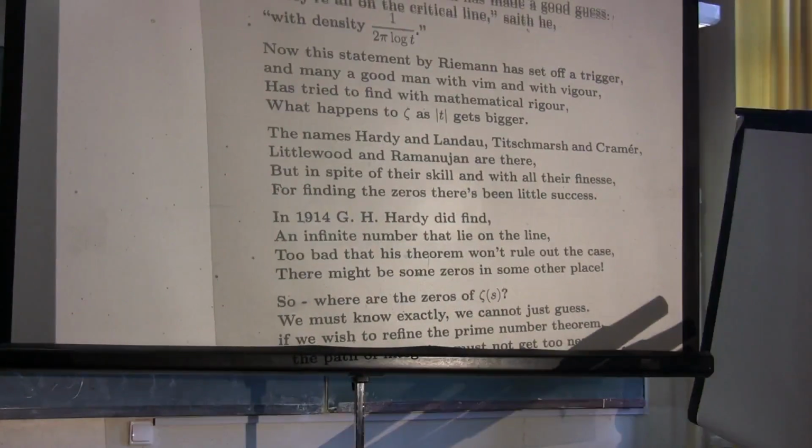Artie and S and Mentalwood and Ramanujan are there, but in spite of their skill and all their finesse, for finding the zeros there's little success. In 1914, P.H. Hardy did find an infinite number that lie on the line. Too bad that his theorem won't rule out the case.